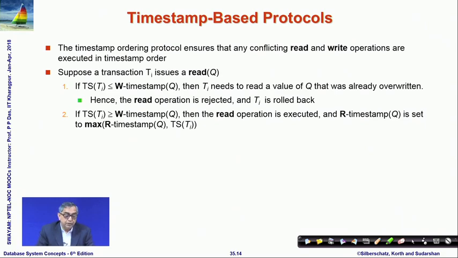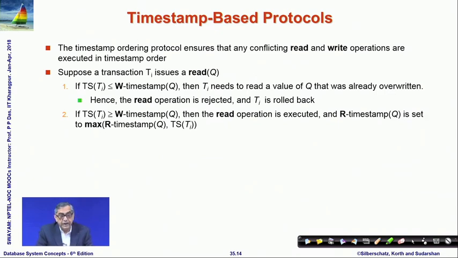So, let us consider the case of read. A transaction T_i has issued a read. Now, if the timestamp of T_i is less than or equal to W-timestamp(Q), which means that W-timestamp(Q) is the latest write and TS(T_i) is the timestamp of the transaction, then the transaction is older than the latest write.